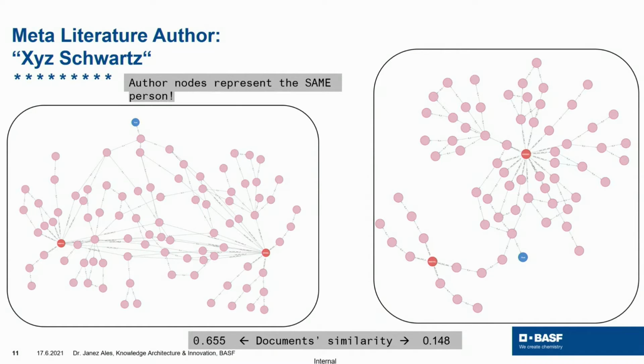Therefore, the document similarity measured with a nonlinear similarity is 0.65, which is fairly high, because at 0.3 the similarity is already fairly good. Remember, I mentioned that it's nonlinear. So the classic 0.5 cutoff is not your friend here; it's quite a bit lower. Now, these two documents belong to the same person, and obviously they are from the same area of expertise. But on the right side, we have an example, again for the same person, of two documents.